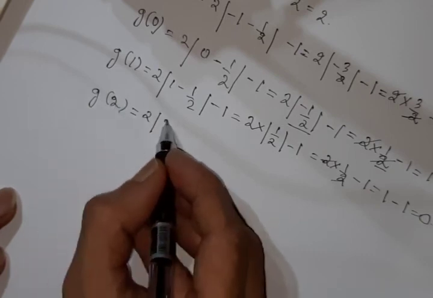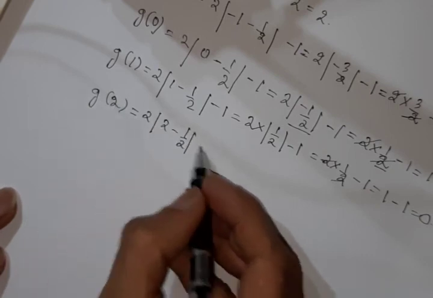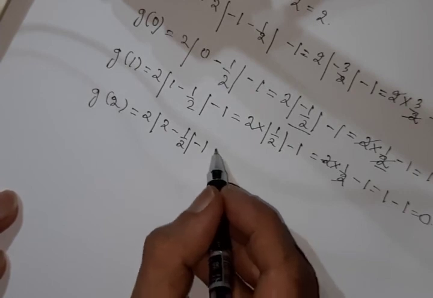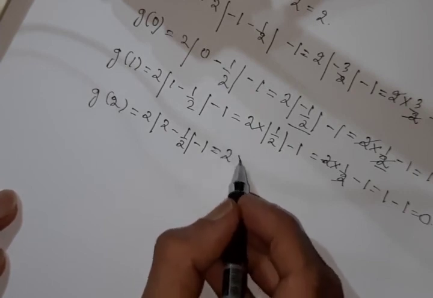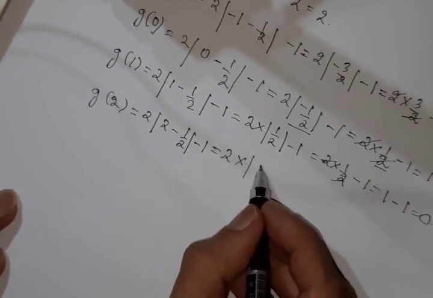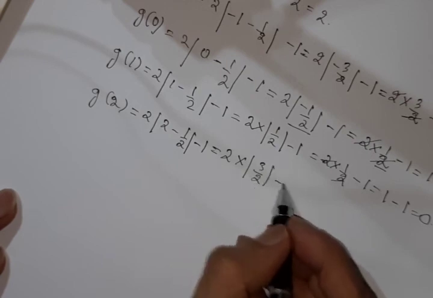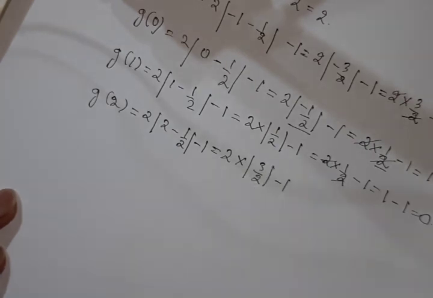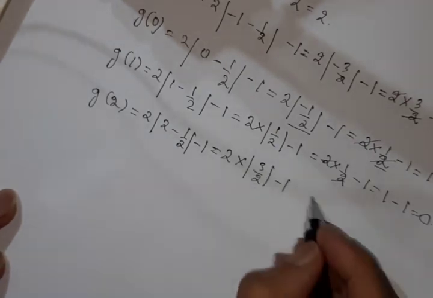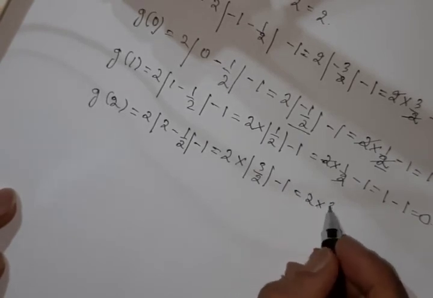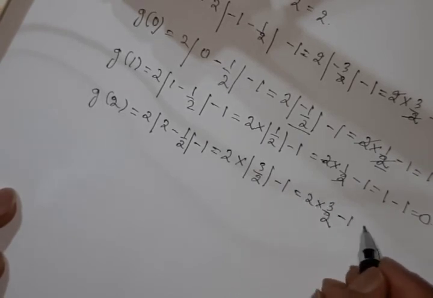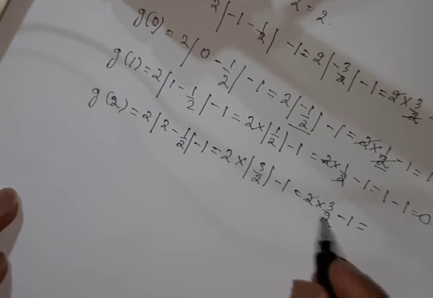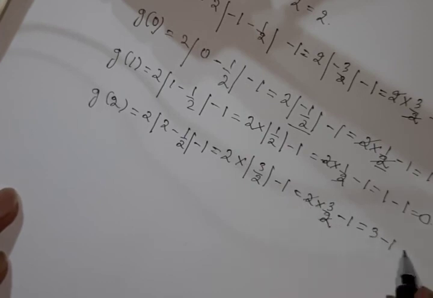So 2 times modulus of 2 minus half, minus 1, which is equal to 2 times modulus of 3 by 2, minus 1. This is equal to 2 times 3 by 2, minus 1, so 2 and 2 get cancelled, 3 minus 1, which is equal to 2.